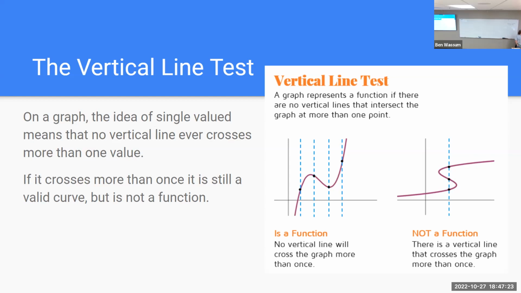And if it crosses that line more than once, it can't be a function, right? Because if you look at that right one, where it says not a function, the funky looking one that looks like an S, where it has that line, there are three values. That's three outputs from one input. So that one can't work. But the one on the left is a function because every single possible vertical line only crosses through that graph once. That means it has one output for each of those, so you're peachy.